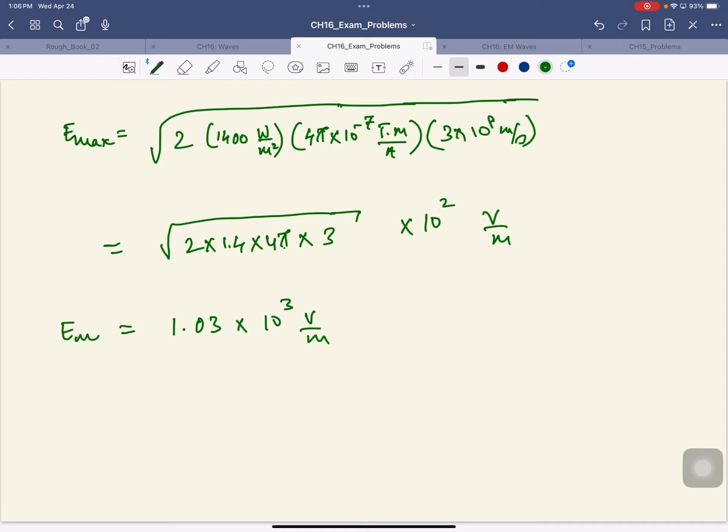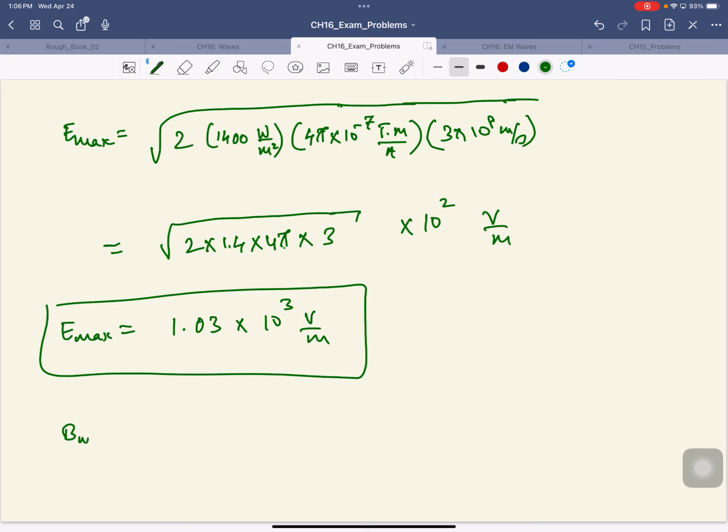So the amplitude of the electric field at the top of the atmosphere is 1,000 volt per meter. And of course, the magnetic field is related to the electric field strength by that relationship.